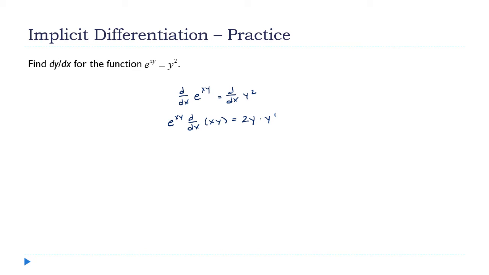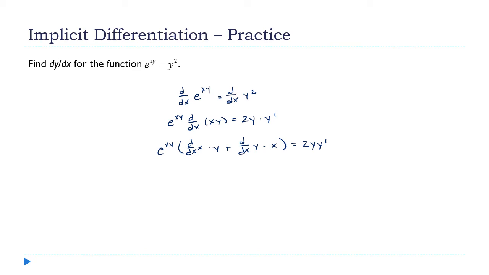Okay, so this derivative here is going to be another product rule. So this is e to the xy times d/dx of x times y plus d/dx of y times x, equals 2y y prime. First, let's go ahead and divide both... well, no, let's not.